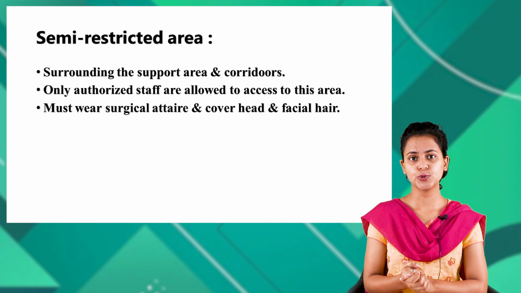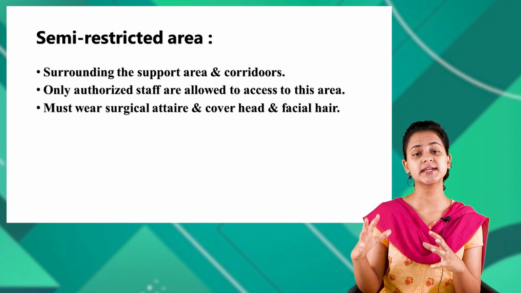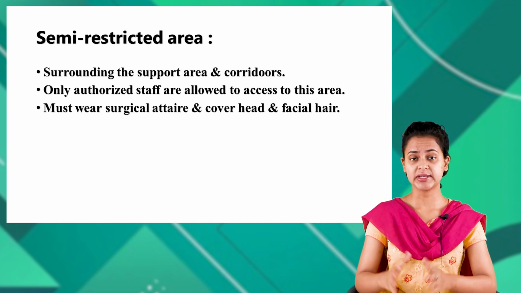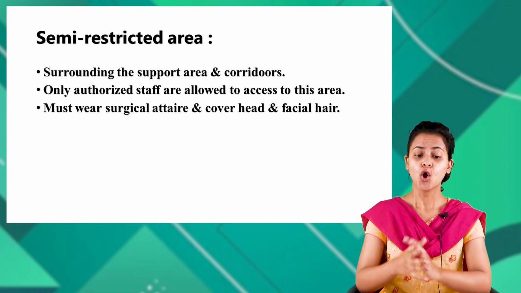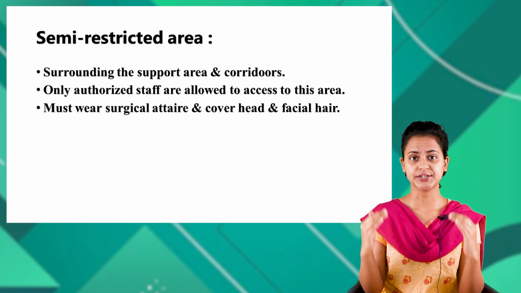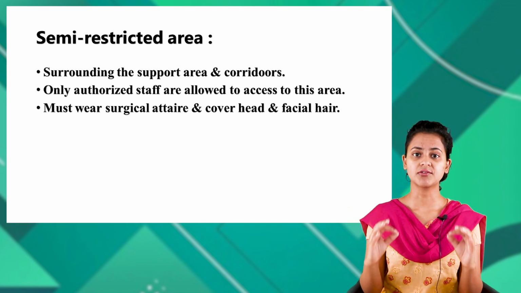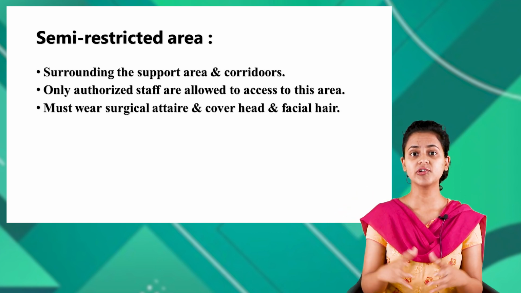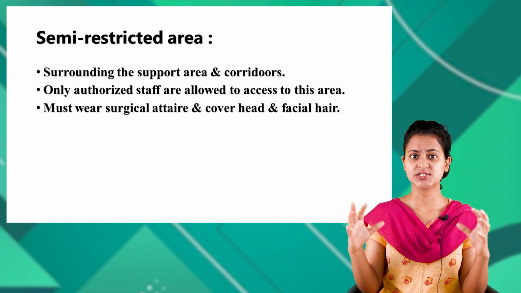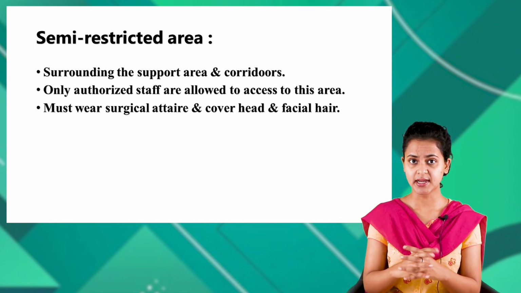Now next, we are going to learn about the semi-restricted area. This basically includes the surrounding area of the actual operation theater, mainly the corridors. You have to remember in the semi-restricted area, only authorized staff members can enter. And while entering, a particular individual should wear the appropriate surgical gown or be in surgical attire.